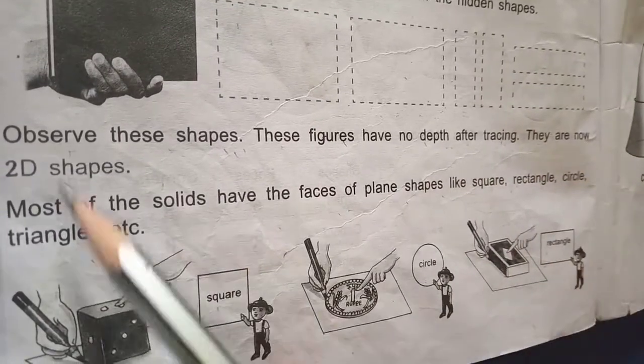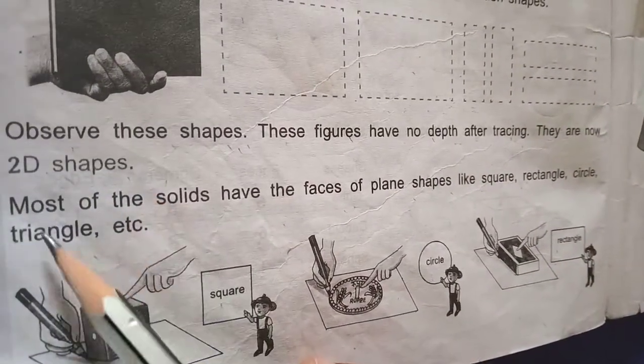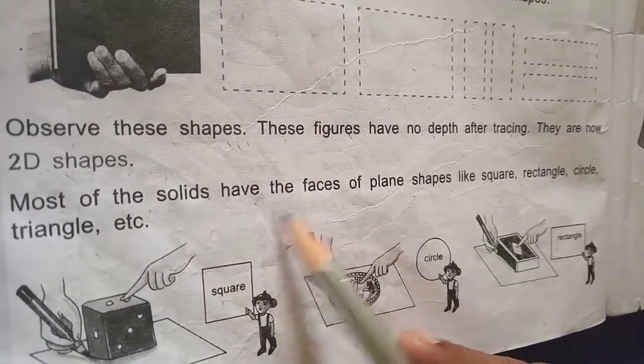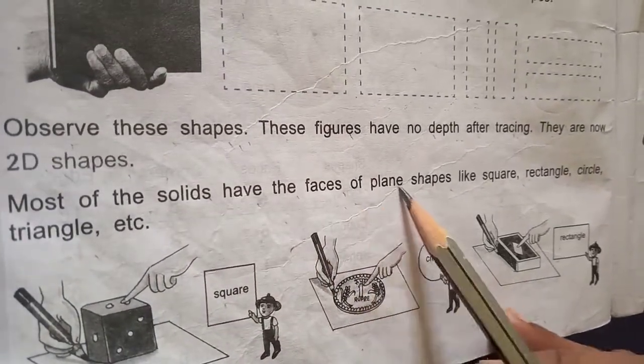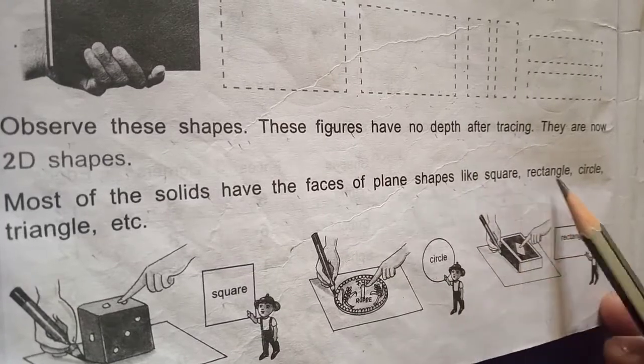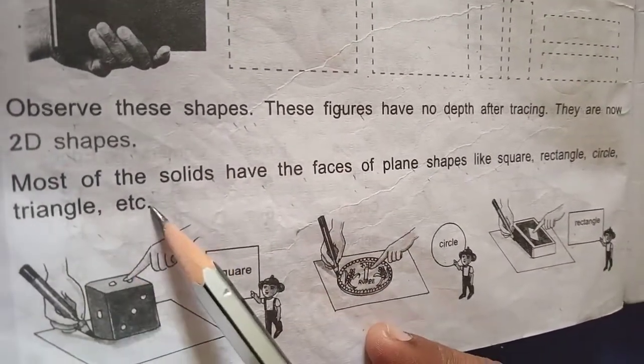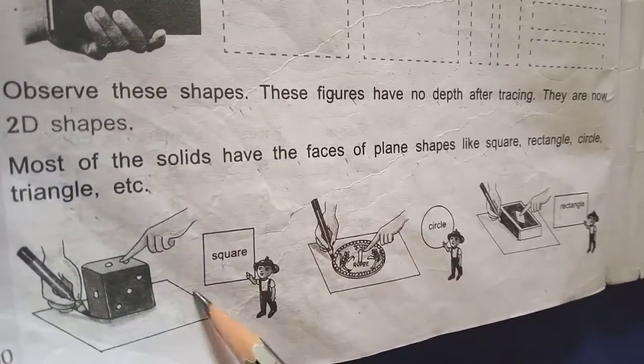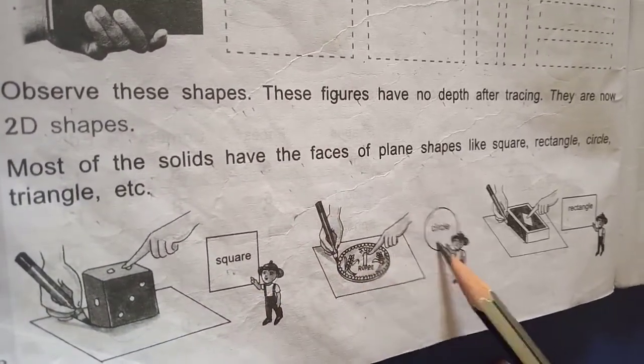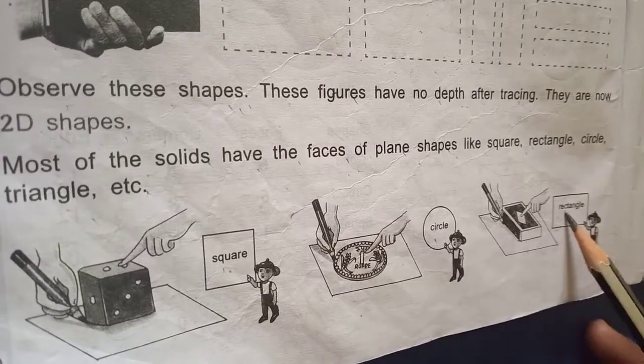They are now 2D shapes. Most of the solids have the faces of plane shapes like square, rectangle, circle, triangle, etc. This is the square, this is the circle, and this is the rectangle.